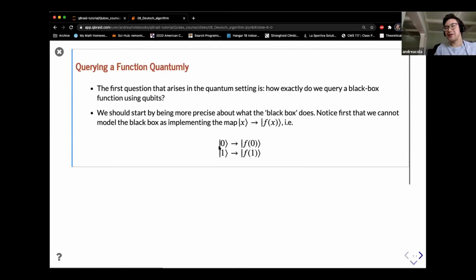It's a unitary that when you input |0>, it returns |f(0)>. And when you input |1>, it returns |f(1)>. Remember that to specify a unitary evolution, all we need to do is to specify how this unitary, this gate, acts on the standard basis. So on |0> and |1>.